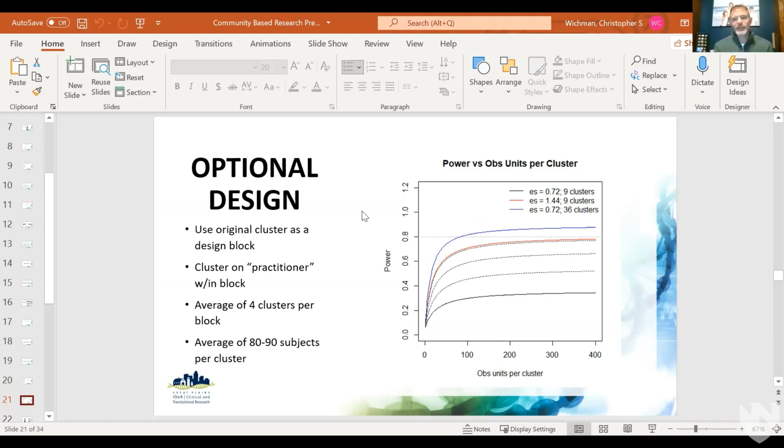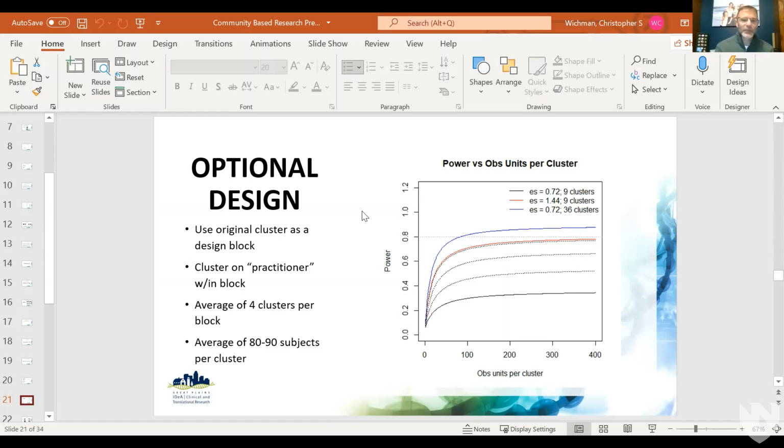Let's say we have 4 practitioners on average at each cluster, at each level, or each original entity. And I'm going to use those practitioners within the block. Now I'm going to cluster on practitioners. So all the clients or subjects or patients that go to that practitioner will get the same treatment or condition assigned to them, but I will randomize the conditions to practitioner within my design block.